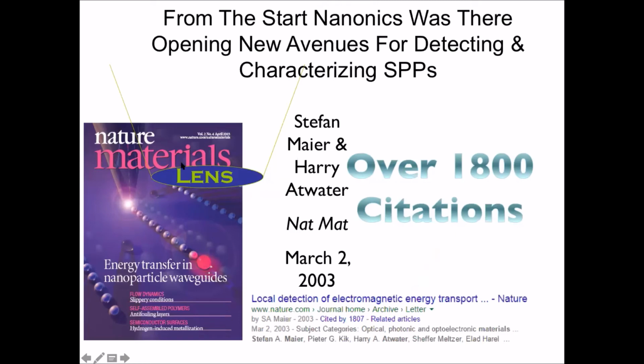The lens in our systems can be placed independent of the probe, and what they did was they shine light on each 50 nanometer particle, and they imaged the fluorescence to see how the intensity of the fluorescence changed as you moved from one particle to another in order to understand what is called plasmonic transport of energy.